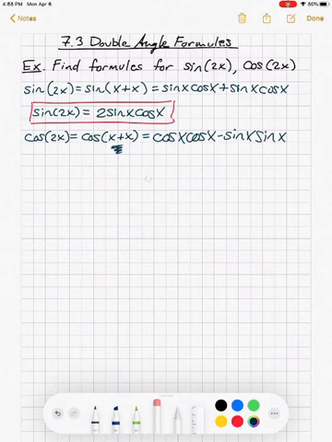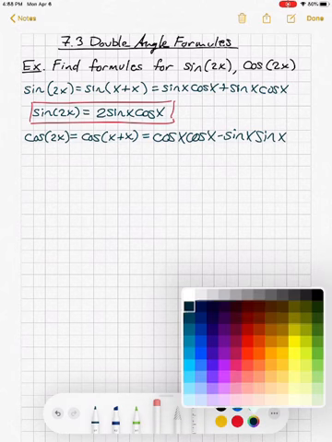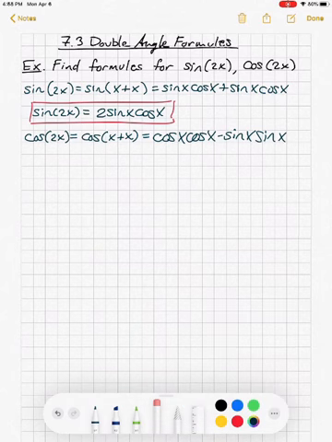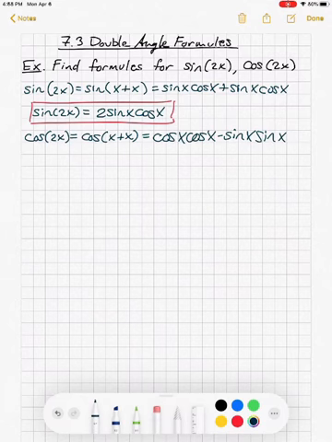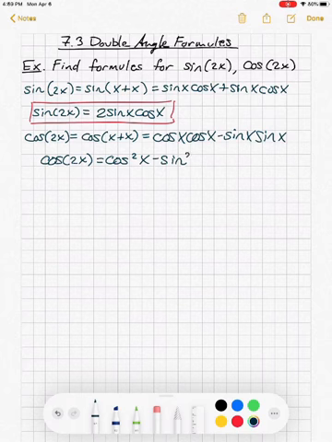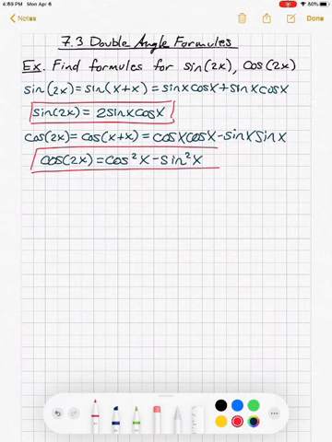It's just that in this case, again, the first and the second are both x. So wouldn't it be true then that cosine of 2x would be cosine squared x minus sine squared x? So there's my first variation of the double angle formula for cosine.